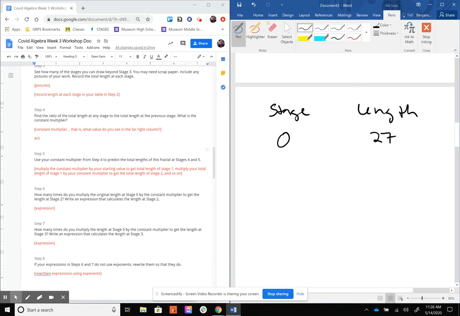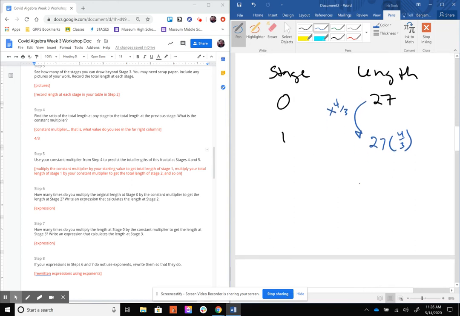We just found out that we have a constant multiplier where we're multiplying 27 by 4/3 to get stage 1, which was 36. So I'm actually going to write this as just 27 times 4/3. Okay, so I know that this in yellow right here is the same value as 36, but I'm just writing it like that.